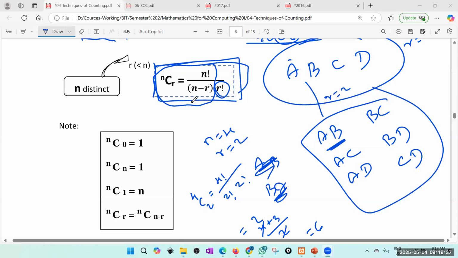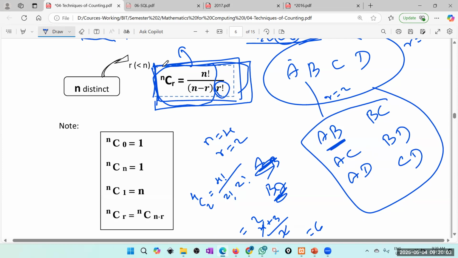Right. So this concept of NCR is there in a lot of places, especially in algebra. So you can take it as a general notation, NCR. Of course, you know the meaning of that. That is, when you have n number of distinct elements, the number of ways you can take R number of elements.